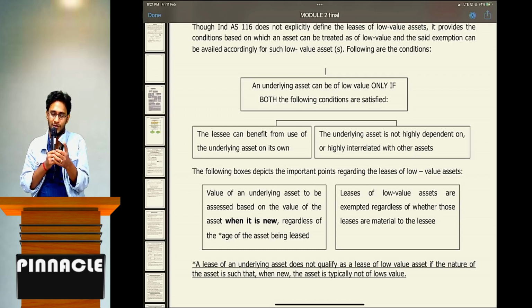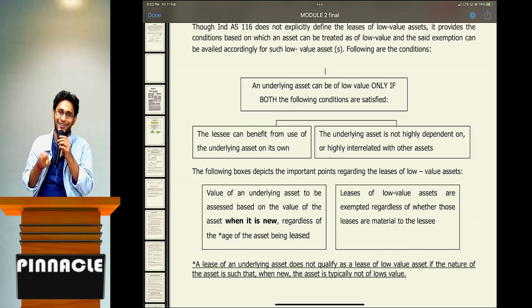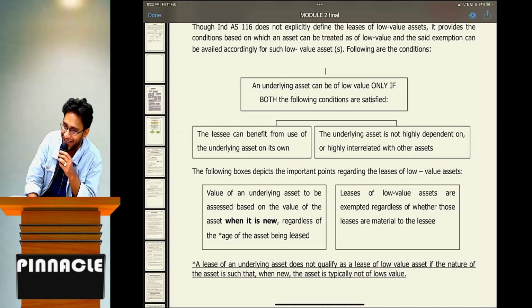Now, ask yourself, can I benefit from car tires on their own? Purely a tire, only a tire, is it capable of giving me benefit? I can only sit on that, sir. I can't even play with it. A car tire, sir.